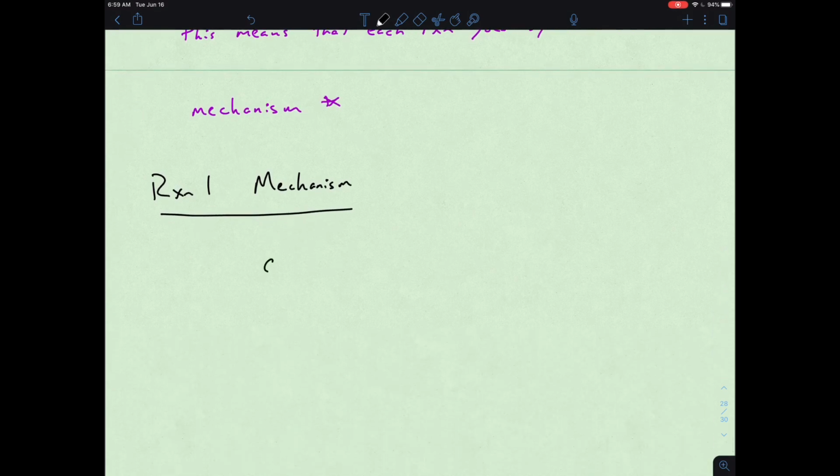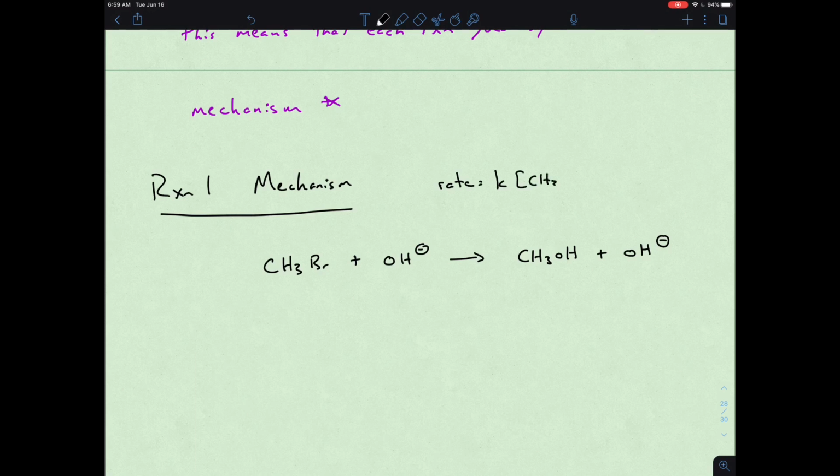So for reaction 1, we were looking at the methyl bromide plus the hydroxide produces our methanol and our bromide, and our rate that was determined was first order in both the starting materials. So one way to envision this, remember, this order is describing the molecularity of the process.